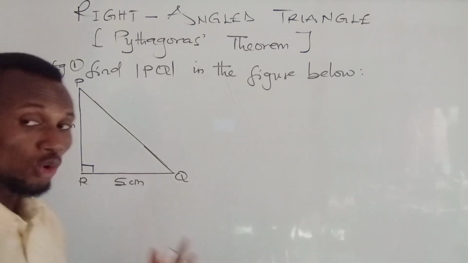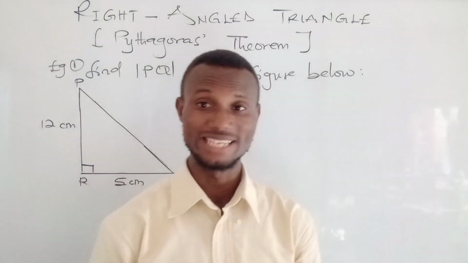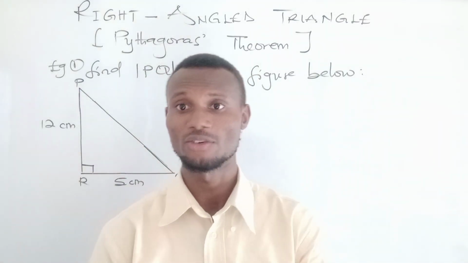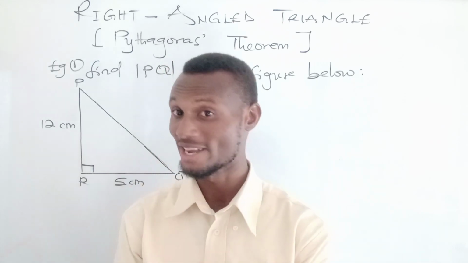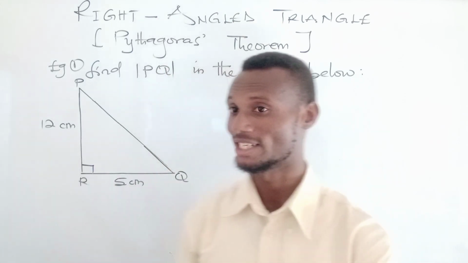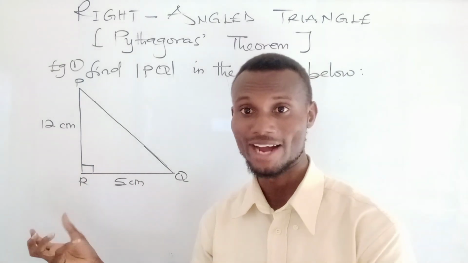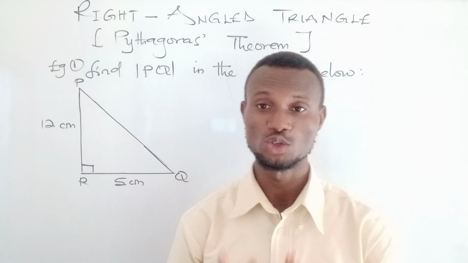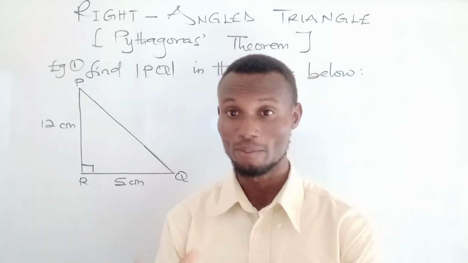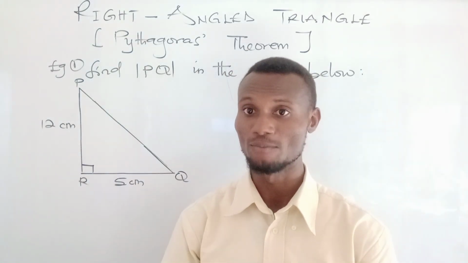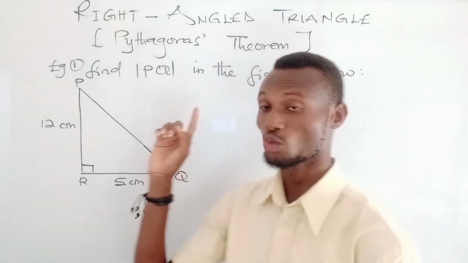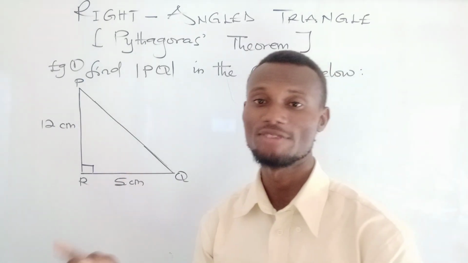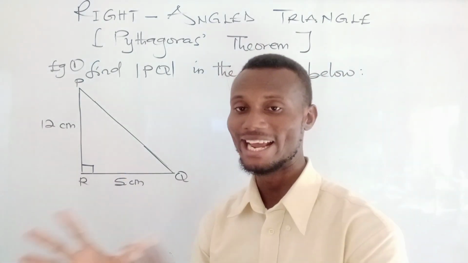What we need to do is to put down the formula of the Pythagoras theorem. That's the first thing to do. Anytime you have a question on a right angle triangle which demands the use of the Pythagoras theory, all that you need to do is to first write the formula down, which says that the square of the hypotenuse should be equal to the sum of the square of the opposite and the adjacent.